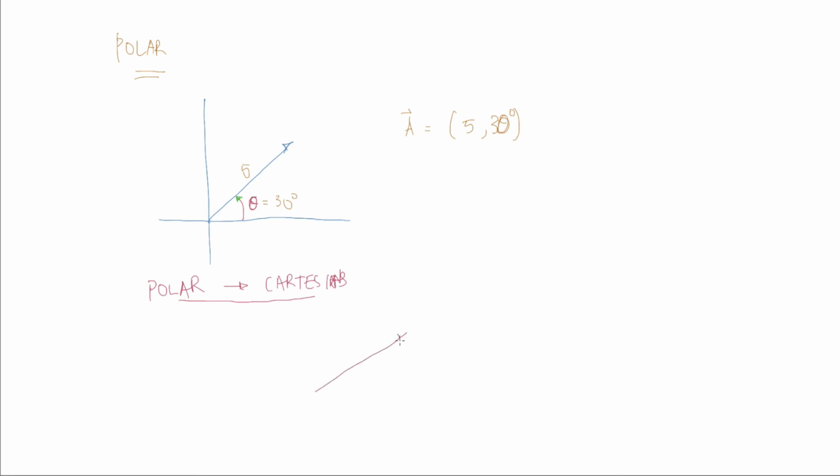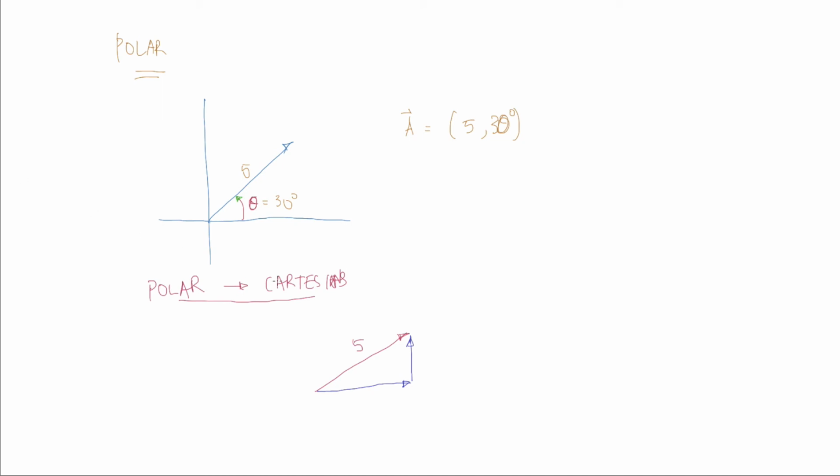So I'm going to draw my vector, length 5, and I can make this 5 vector by going to the right and then going up a certain number of steps. Remember, that's how the Cartesian representation works.